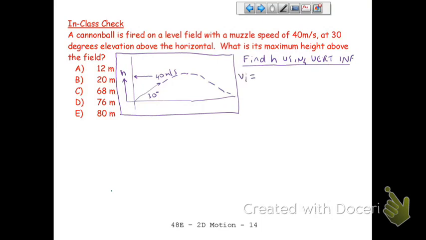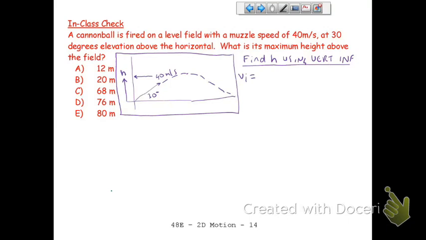Vi is equal to, can somebody say for me the expression involving 40 and 30 using trig for the value of Vi? It's going to be 40 something 30. What's the something?